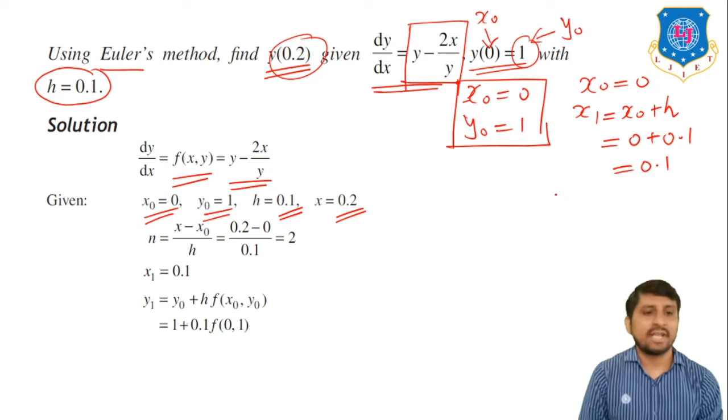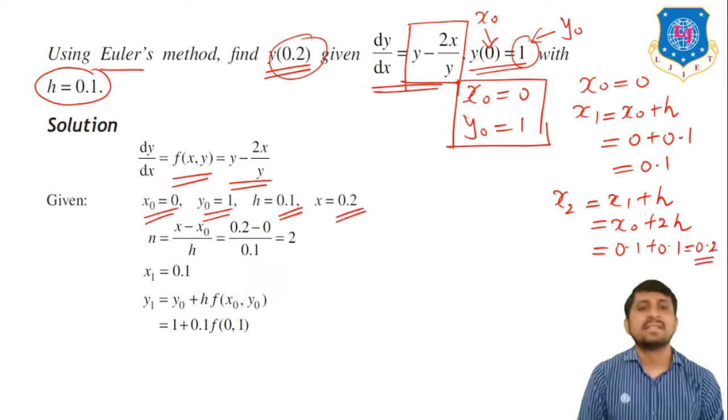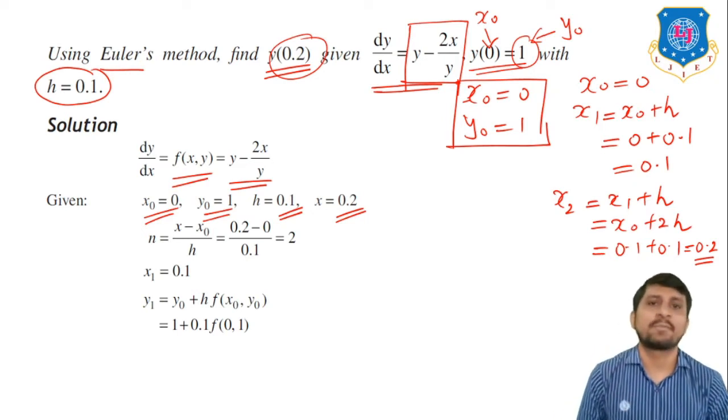Now what is your x2? x2 is x1 plus h, or sometimes we can say x0 plus 2h, so 0.1 plus 0.1, that is equal to 0.2. Clear? So at x2 you will get your last approximation y2.